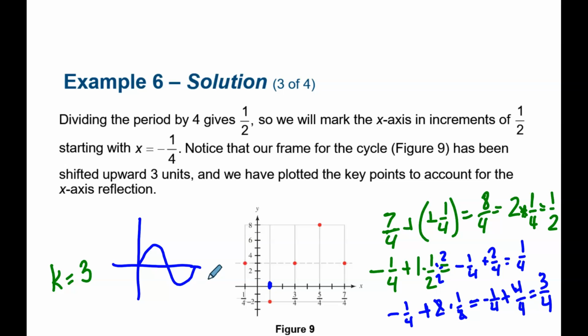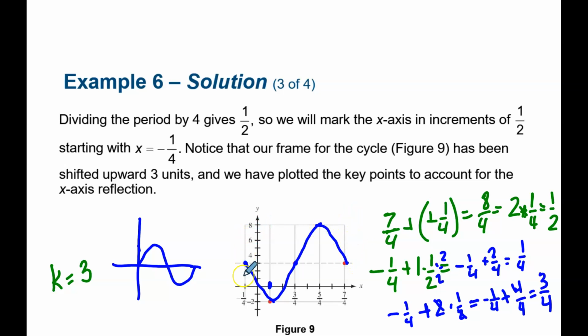Our function in this example is moved 3 points up and 1/4 to the left, and it also is reflected about the x-axis. So we will start at negative 1/4 and 3 at this point, then go down to our next point, then up, here's our next 0, up to 8.